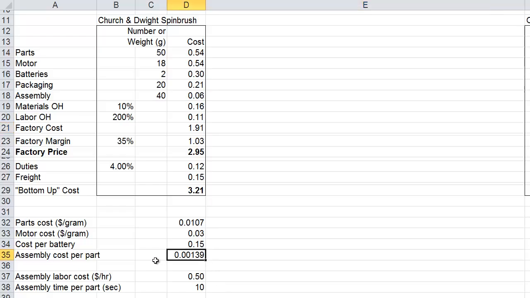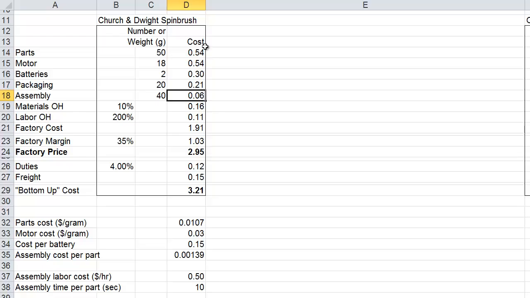And that then generates an assembly cost per part, which is simply 50 cents per hour times 10 seconds divided by 3,600 seconds per hour, which gives a cost per part for assembly of 0.00139. And then the assembly cost line item is simply 40 parts times that number, which equals 6 cents.